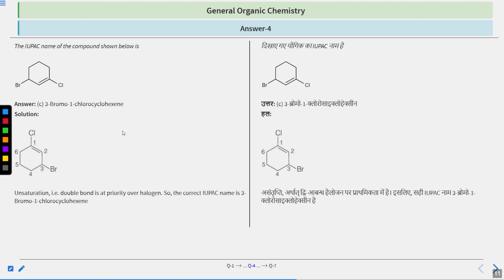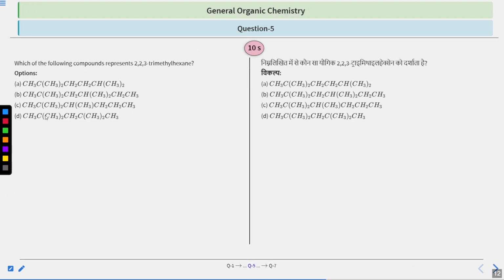Okay, let's see the next question. Question number 5. Which of the following compounds represents 2,2,3-trimethylhexane? We have given some direct chain structures, and you have to find out which structure represents this name, 2,2,3-trimethylhexane.